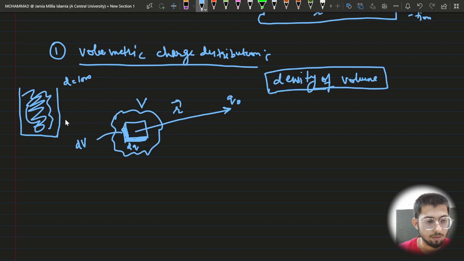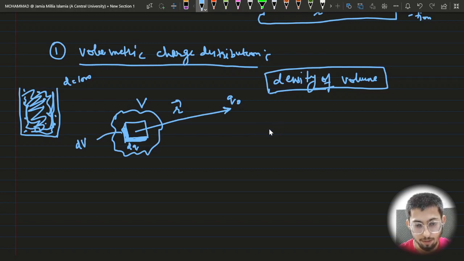If there is some liquid in there, and its density is 1000, at every point you can say that the density is the same. So that's why we will use this thing here also. We want to find the force at this point. So let us first find the density of this volume.